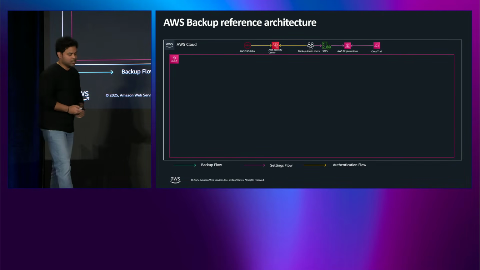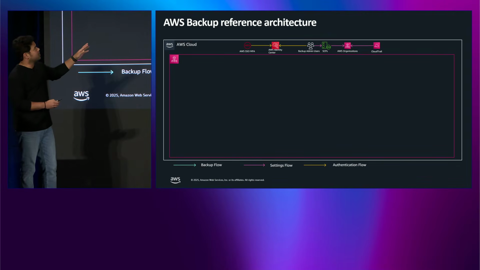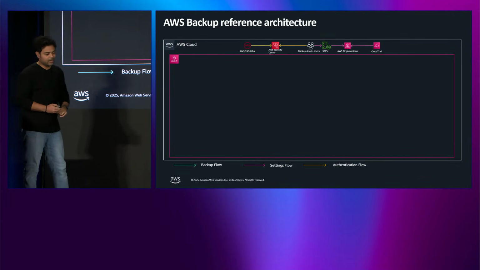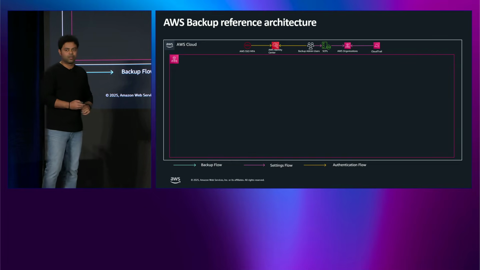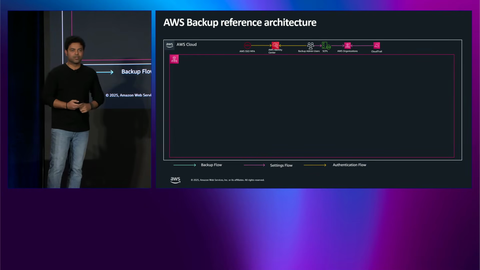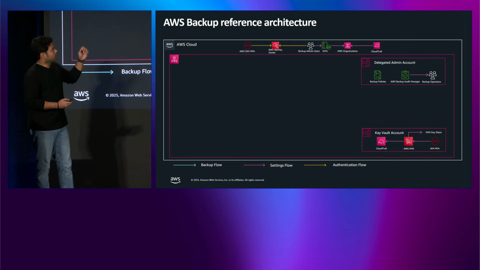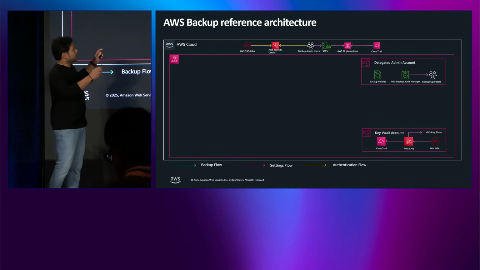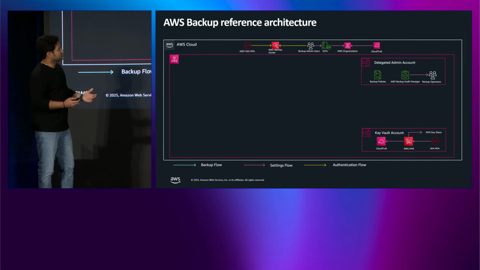Firstly, you'll start off with this architecture, and as you see on the very top, you have AWS Identity Center and AWS MFA. These are both mechanisms by which your backup admins will gain access to your AWS accounts and your AWS organization. After your backup admins gain access, the pink boundary that you see around is the AWS organization.